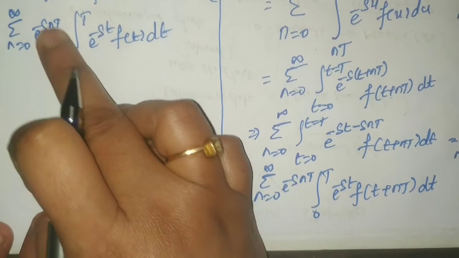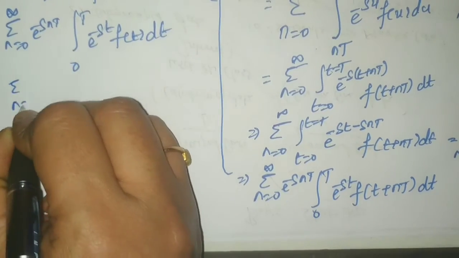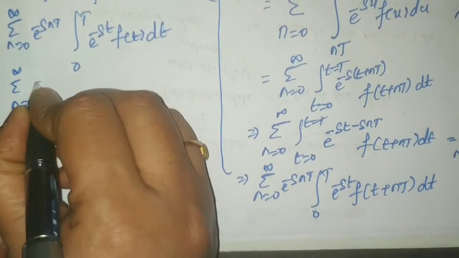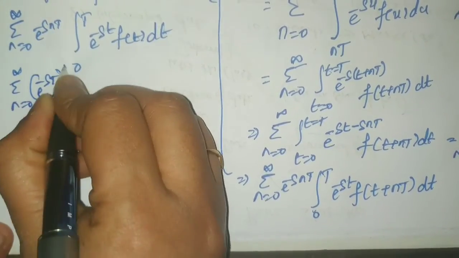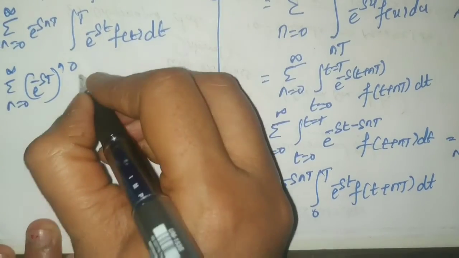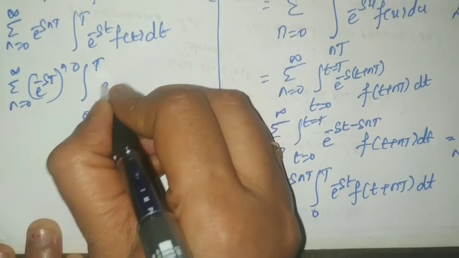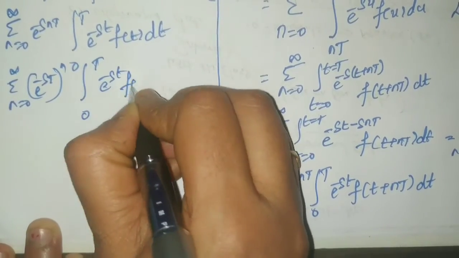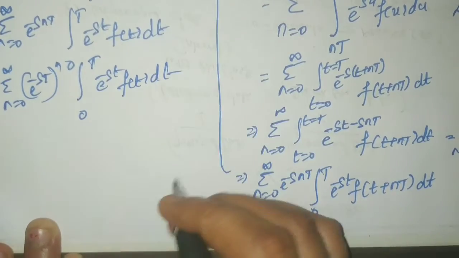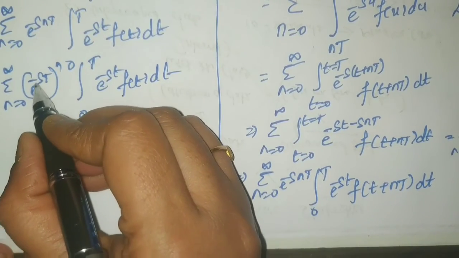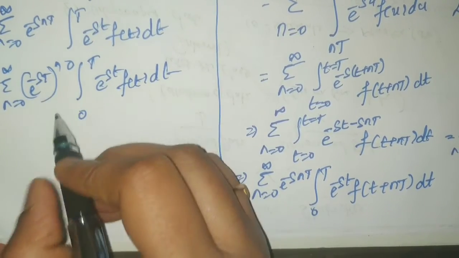This term I am going to rewrite as summation n is equal to 0 to infinity, (e power minus sT) whole to the power n, integral 0 to T, e power minus st, f of t into dt. Here e power mn can be written as (e power m) power n.